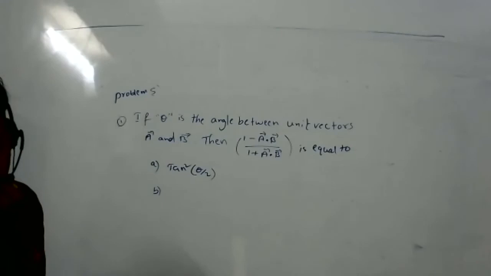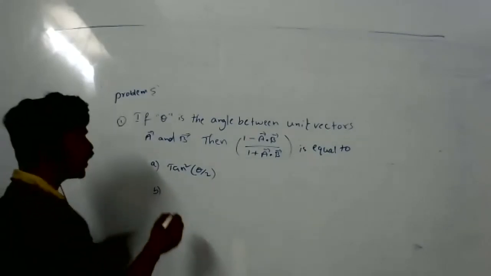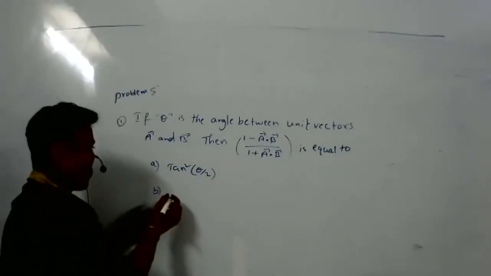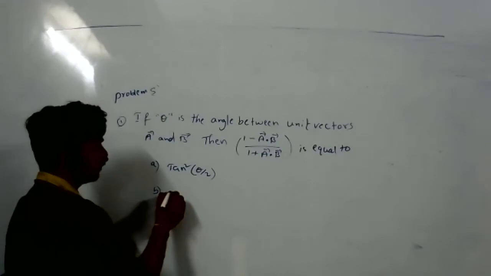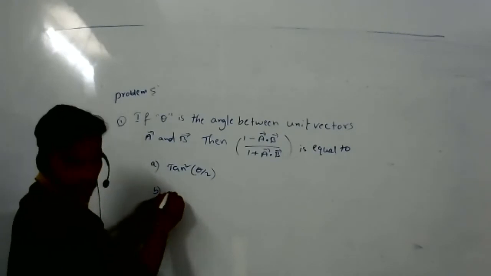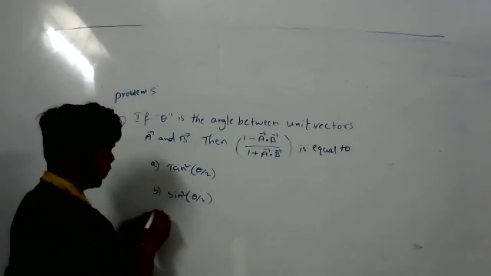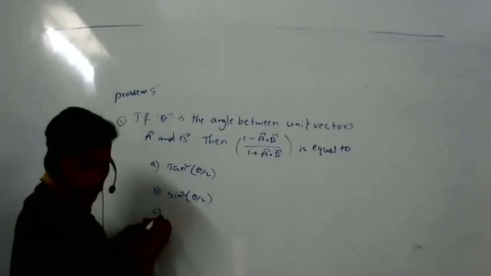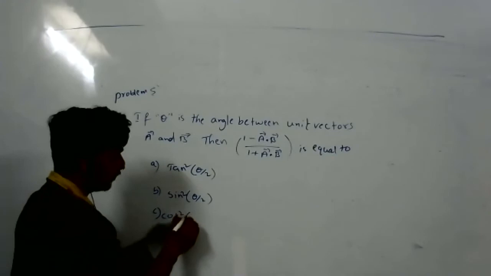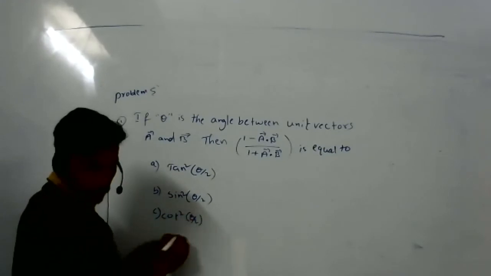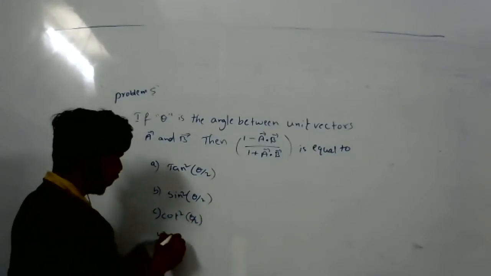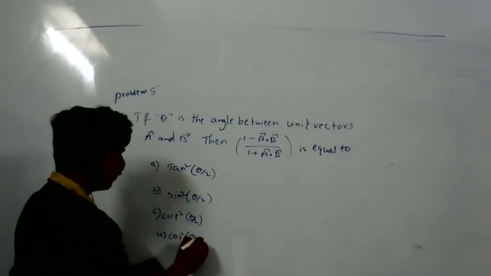Okay, I will give the options, then we will see that. What answer did you get, Prashant? Sir, just give the options, sir. I think I saw some property like this somewhere. Sin square theta by 2, C cot square theta by 2, D cos square theta by 2.